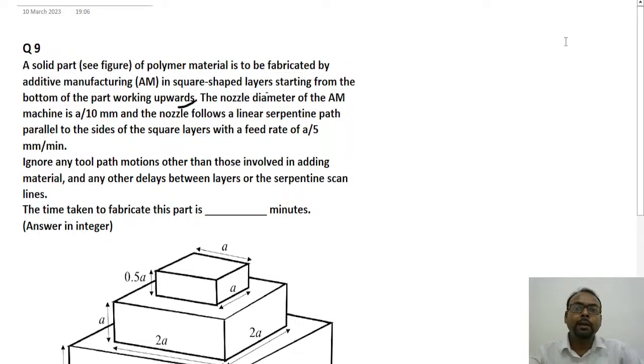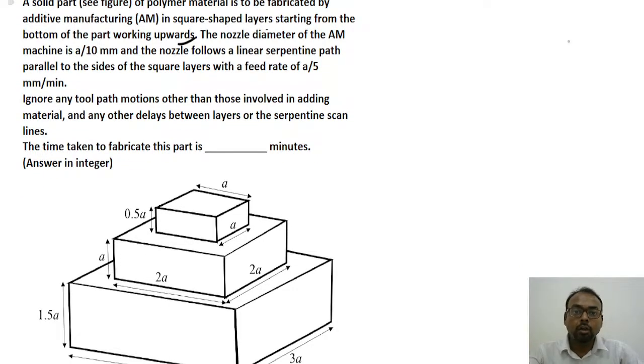And in this additive manufacturing method, we are using a nozzle of diameter A by 10, and the nozzle follows a linear serpentine path parallel to the sides of the square layer with a feed rate of A by 5 per minute.